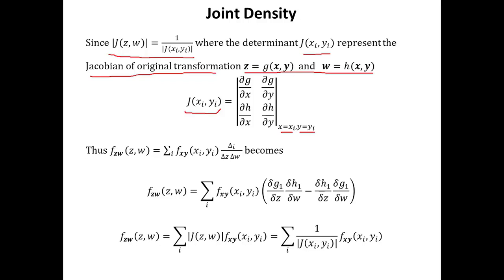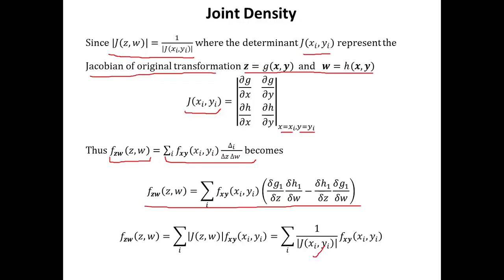Thus, the joint PDF of random variables z and w, which was defined as the summation over i of the joint PDF of random variables x and y multiplied by delta I by delta z delta w, can be obtained either from this relation or by using the Jacobian from this relation.